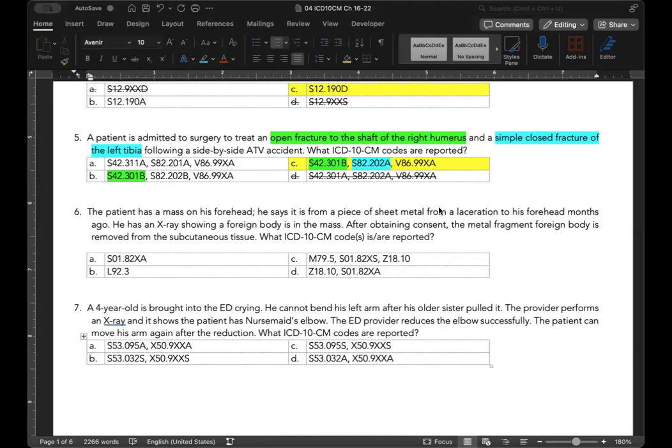So are we going to use 7th character A for initial encounter or S for subsequent? Okay, got a couple A's.